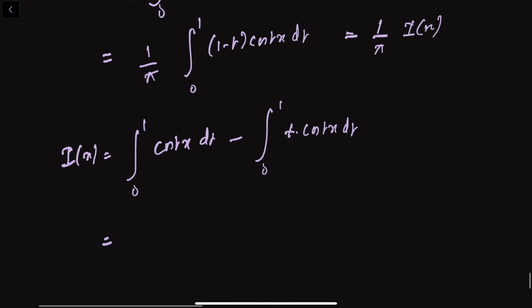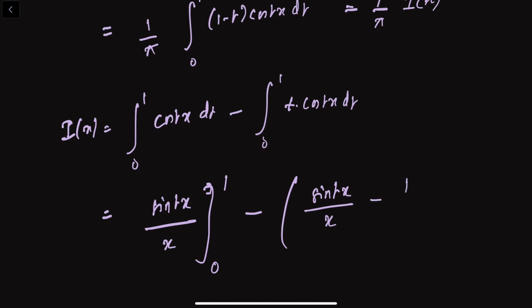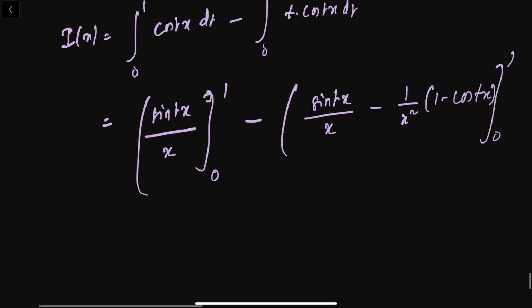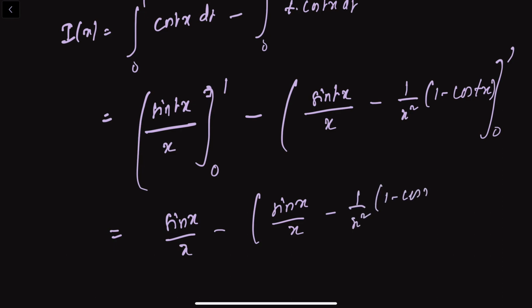The integral of cos tx is sin tx by x, with t going from 0 to 1, minus this would be sin tx by x minus 1 by x square times 1 minus cos tx, from 0 to 1. If I simplify this, this would be sin x by x, and this would be sin x by x minus 1 by x square times 1 minus cos x.